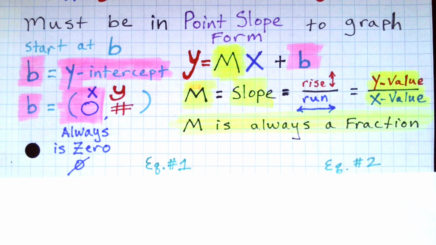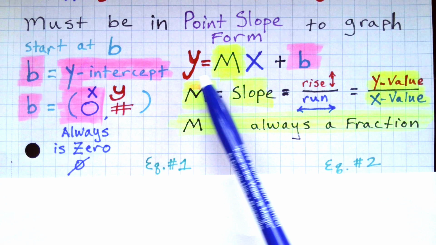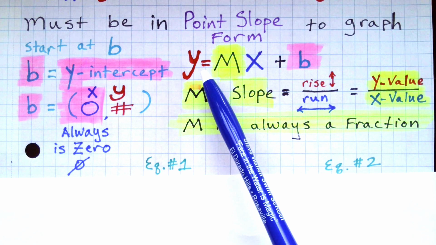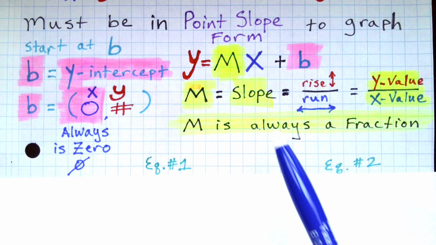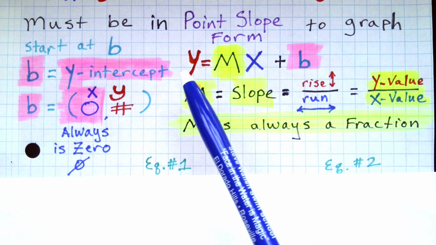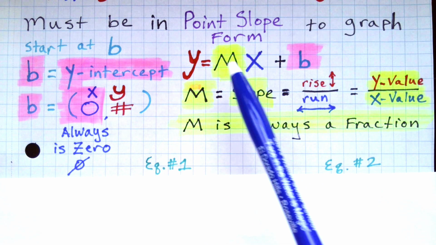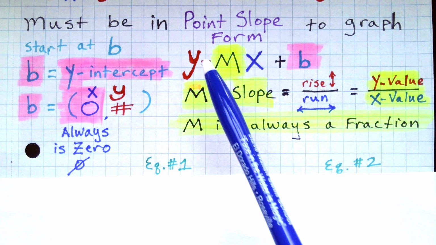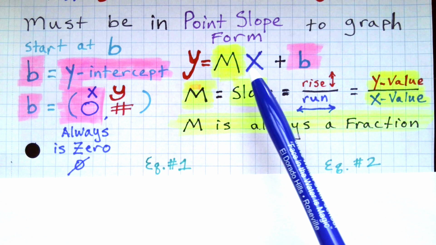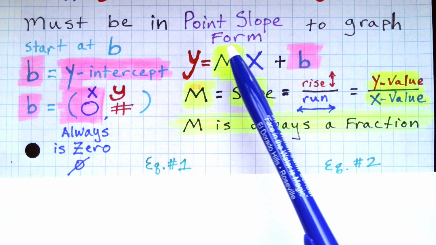Okay, so I'm going to throw a lot at you here, so please try to follow me. Now, point slope form is y equals mx plus b. We're going to take original equation 1, original equation 2, and solve for y. That would automatically put it into this form, okay? Now, y will be y and x will be x, but this m will represent a real number.